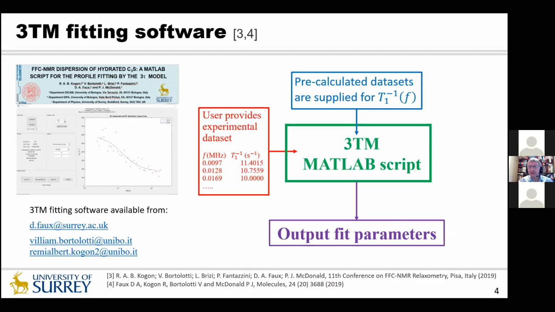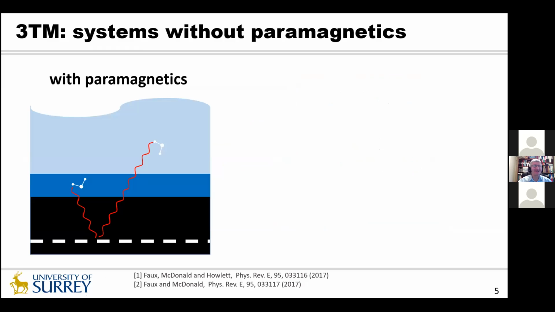Note of caution, it's a bit expert friendly, but what it does, it reads in the pre-calculated data sets for you. You have to provide your experimental data. It goes into a MATLAB script, and out comes the fit parameters. The Bologna version has a nice interface here, and there are two versions of the software which do broadly similar things. So I hope that eases your concerns in that respect.